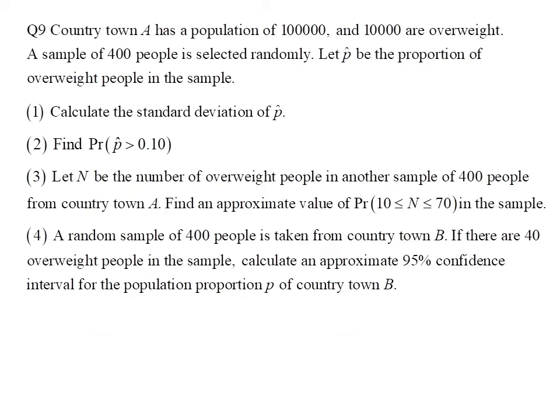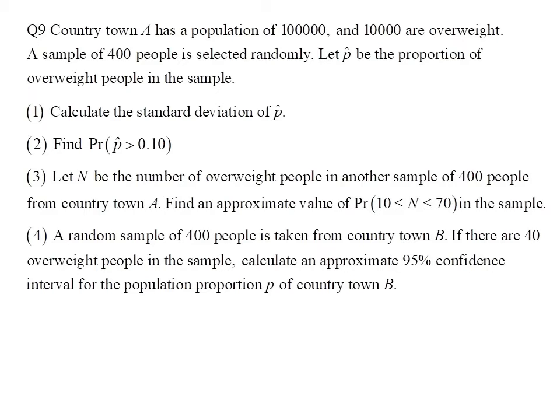Question 9. Country town A has a population of 100,000 people, and 10,000 of them are overweight. A sample of 400 people is selected from them randomly. Question 1 is asking to calculate the standard deviation of the sample proportion.